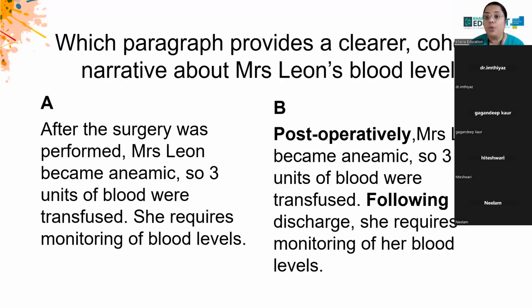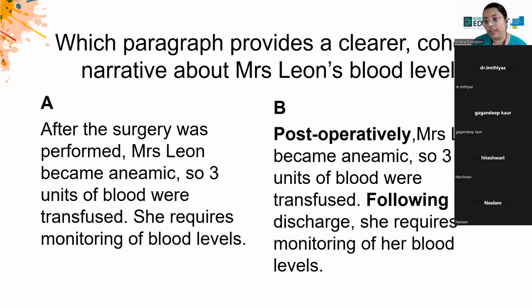So it makes it more clear for the reader to understand the time at which that action happened, the circumstances at which that action happened, and hence the reader will absolutely have a better understanding of Mrs. Leon's blood levels under column B. Because we've used the term post-operative. So it clearly, on the right hand side as well, you have after the surgery. That would also be absolutely okay. So both ways it is giving clarity about when that action happened.